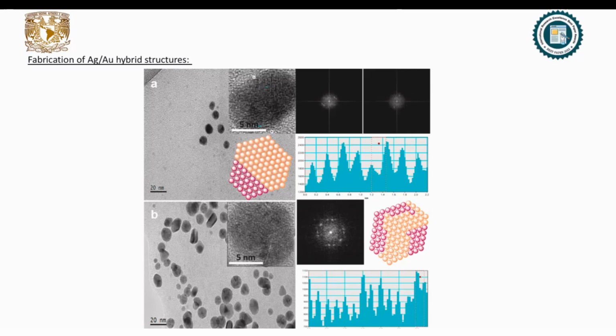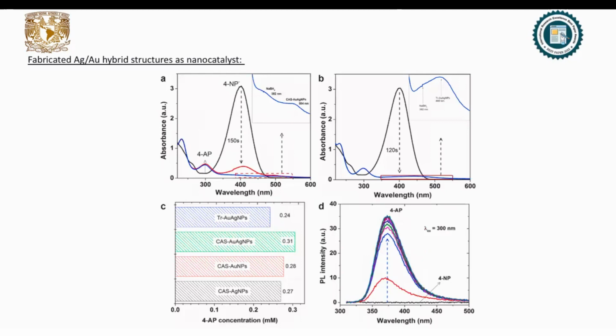So in this work, we are comparing both green and chemical methods in terms of fabrication of nano hybrid structures and using those structures for removal of 4-nitrophenol. After confirmation of the fabricated nanoparticles, we used them for the reduction of 4-nitrophenol as a nanocatalyst. In A, we can see the degradation of 4-nitrophenol within 150 seconds.